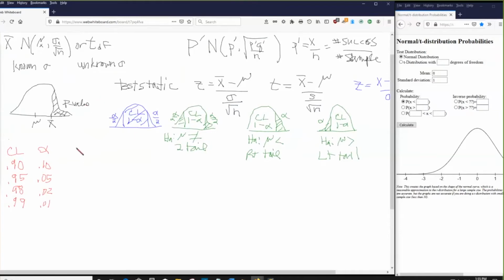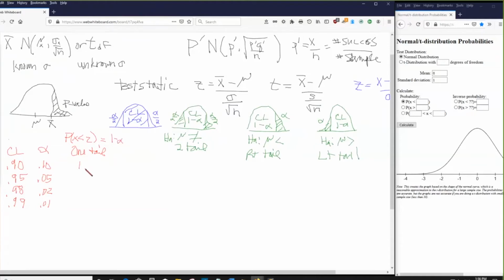Then for my one-tailed test, my z-values are going to be from the probability that x is less than z, which is 1 minus alpha.